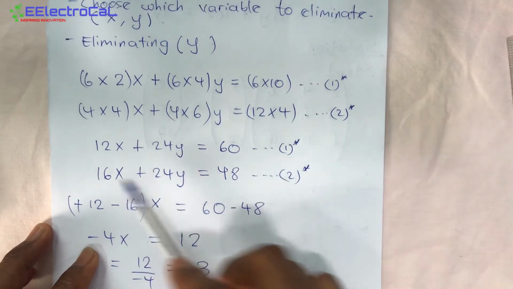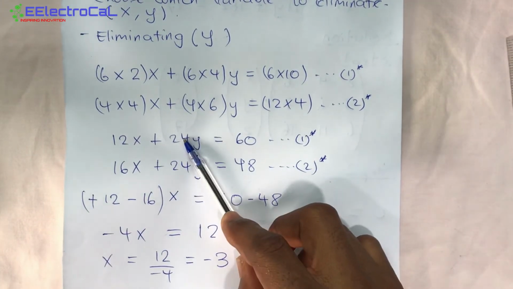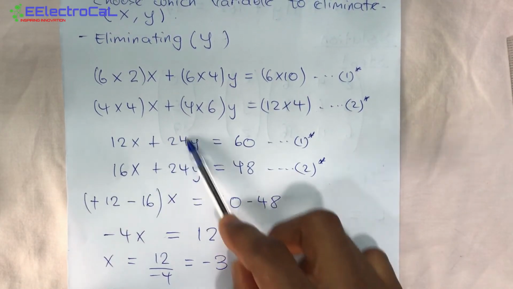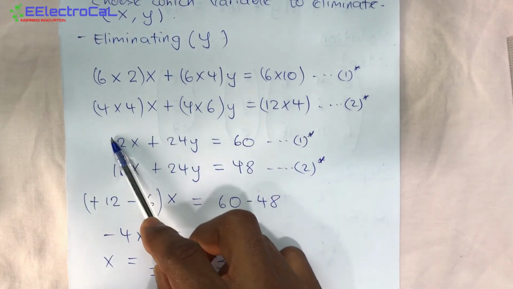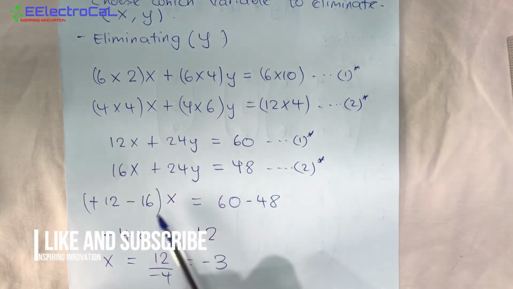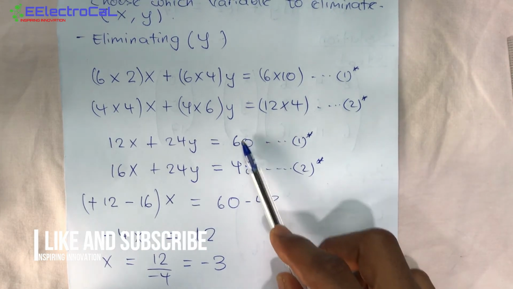Now both y terms are equal to 24, so we can subtract to result in 0. We subtract equation 2 asterisk from equation 1 asterisk: 12x minus 16x, and 24y minus 24y, which is 0, equals 60 minus 48.